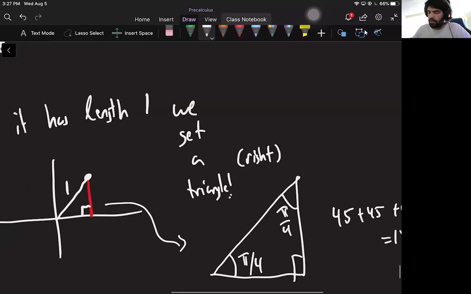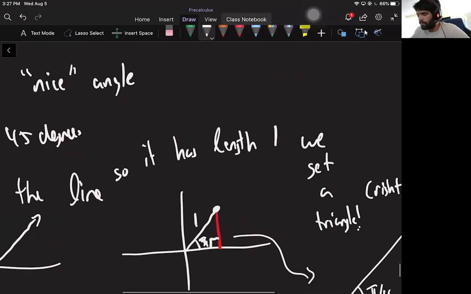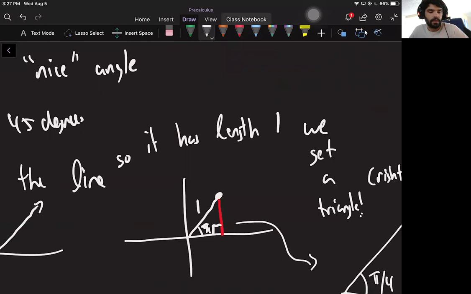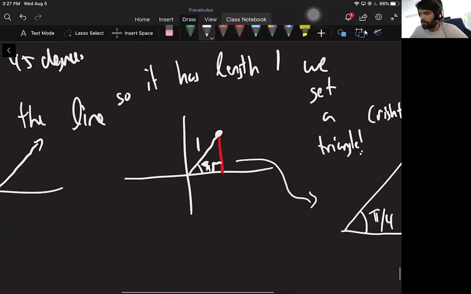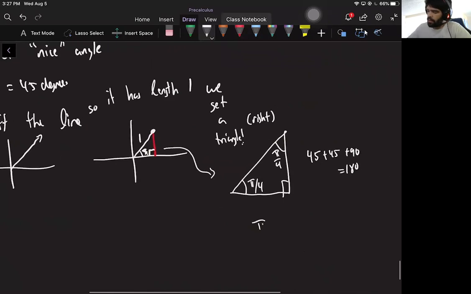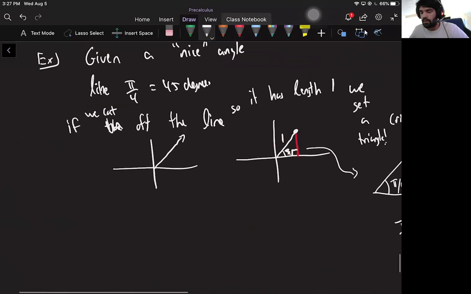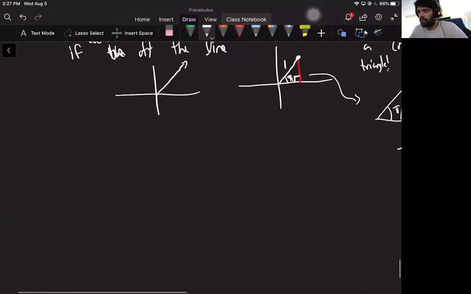So we get a nice 45, 45, 90 triangle, which has nice properties. The total angle is 180, which is pi, so you can think about it that way as well. Pi over 4 plus pi over 4 plus pi over 2 adds up to 1 complete pi. So if you do that with 45, you get a nice triangle there.